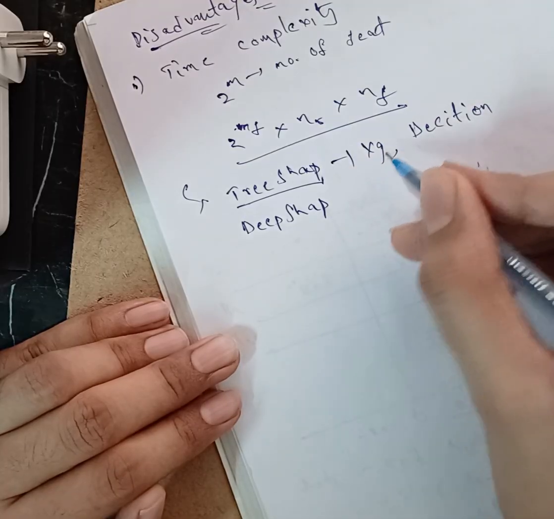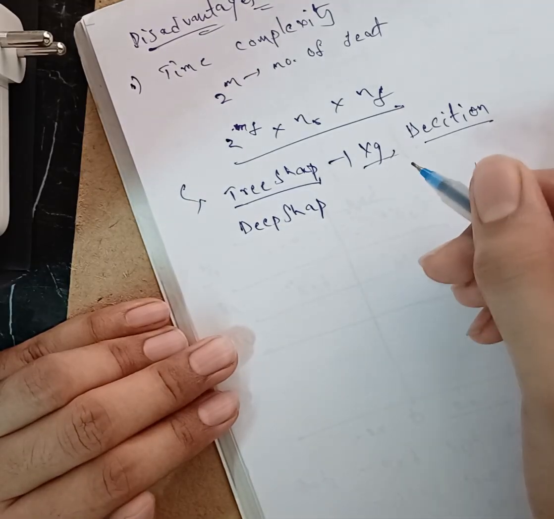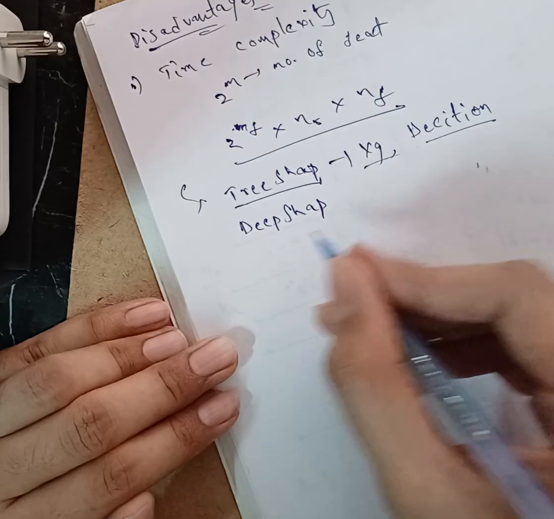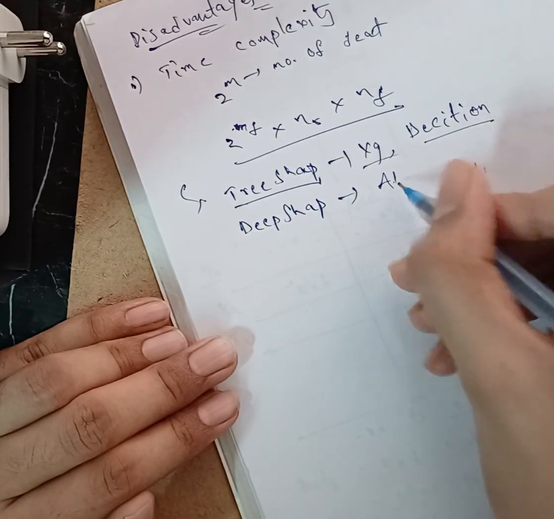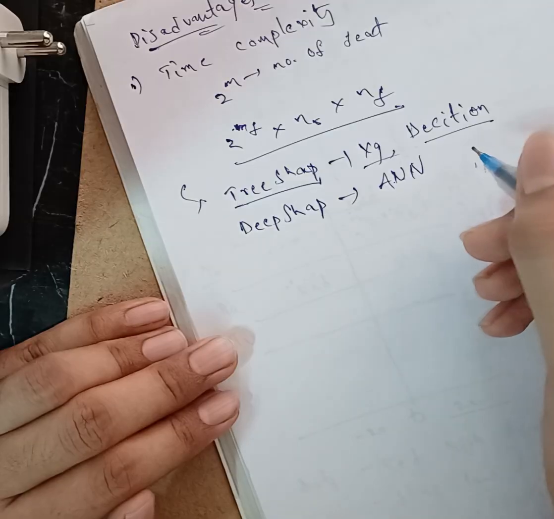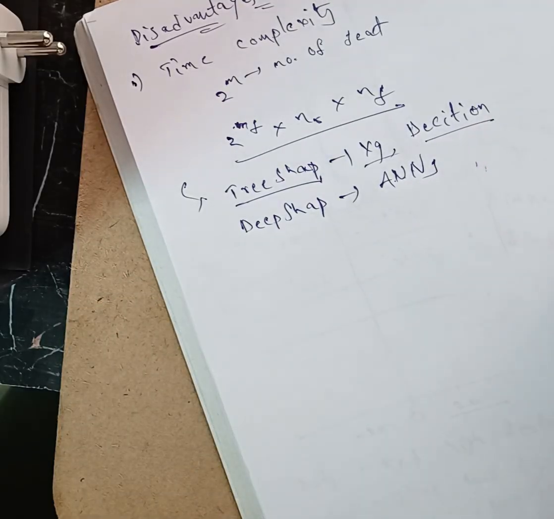It will work only on XGBoost, decision trees, random forest, or only tree based models. Similarly, Deep SHAP also works only on ANN based models, those kinds of models.